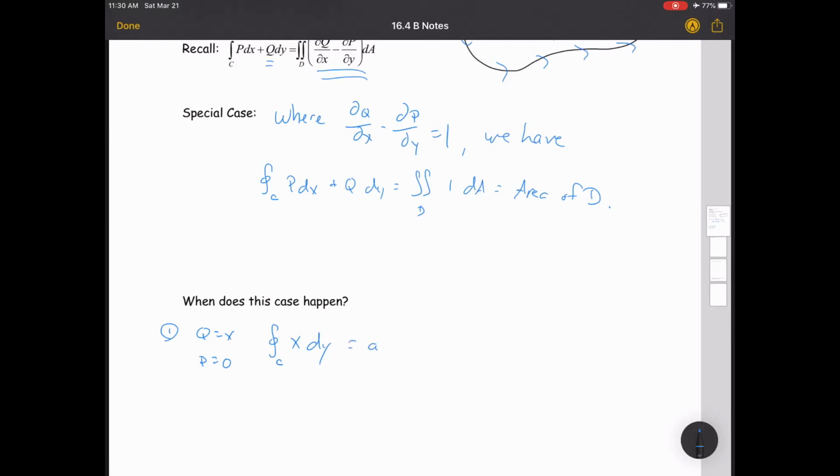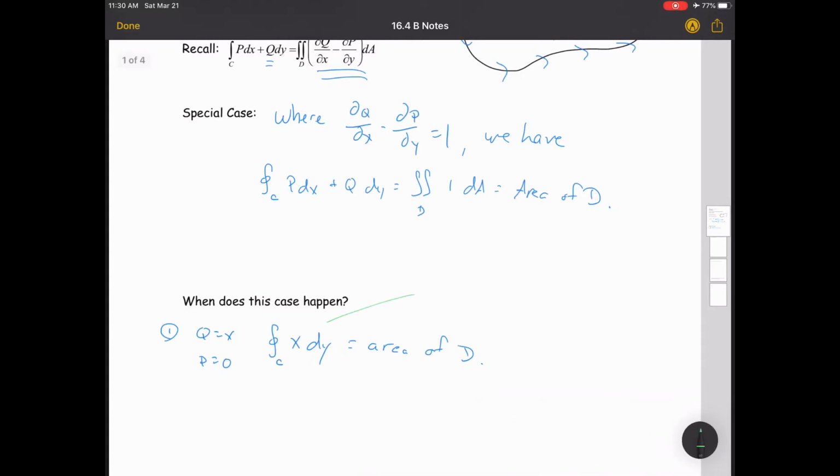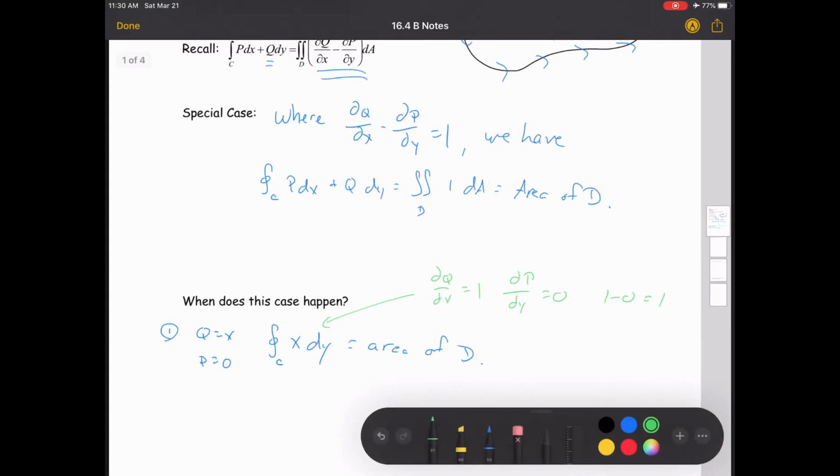This would give us the area of D. So from this, dQ/dx is 1, dP/dy, because there is no P and y, is 0. So you would get 1 minus 0, which is 1. Hopefully that makes sense. So your dQ/dx minus dP/dy would be 1. Okay, second case.